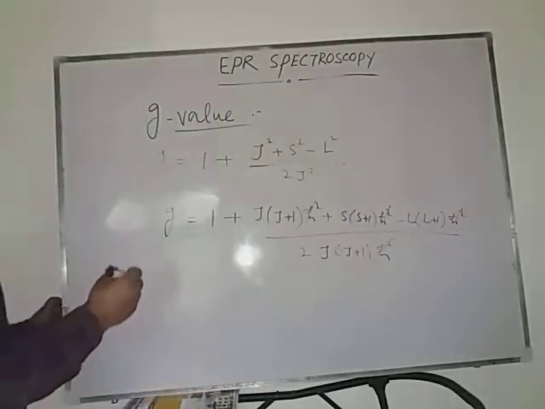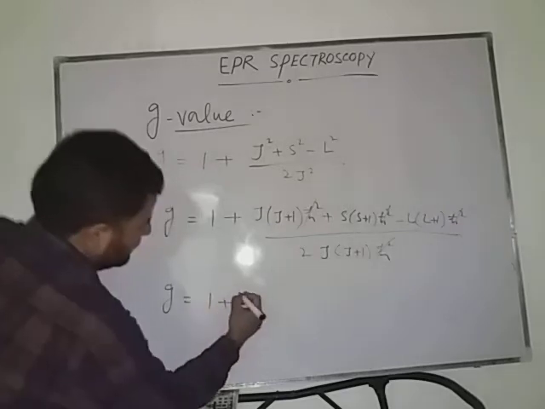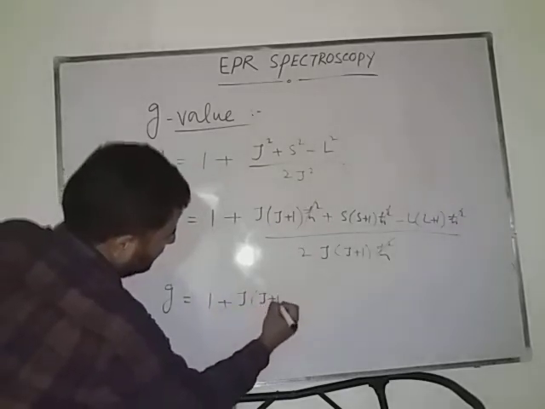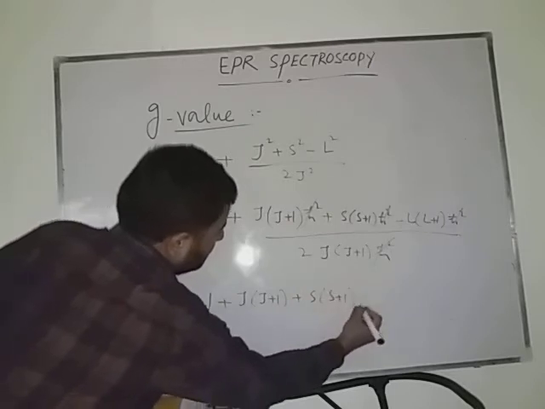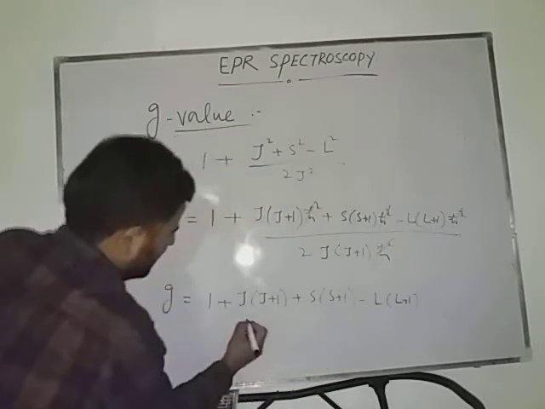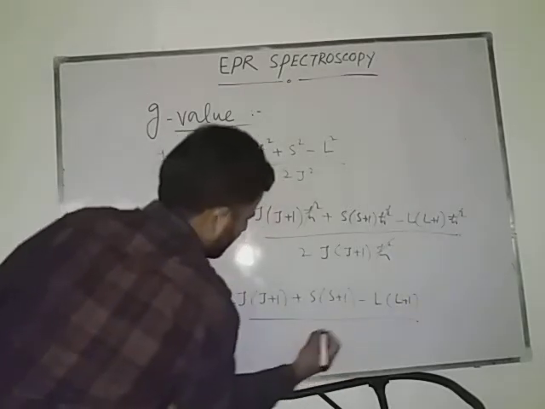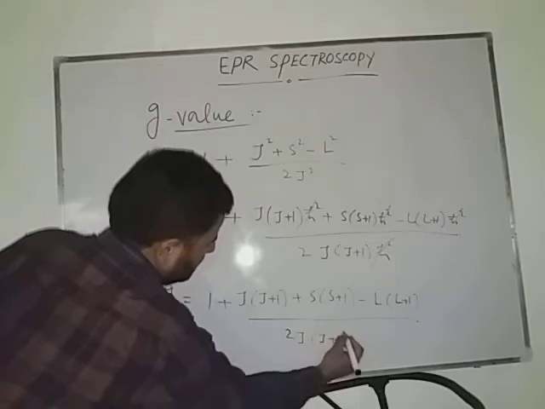So we will get g is equal to 1 plus J into J plus 1 plus S into S plus 1 minus L into L plus 1 divided by twice J into J plus 1.